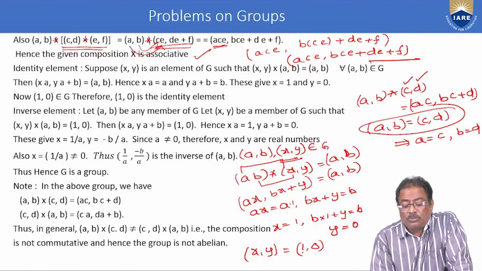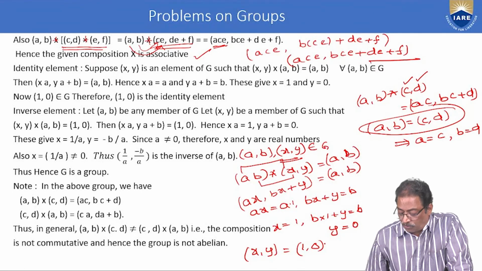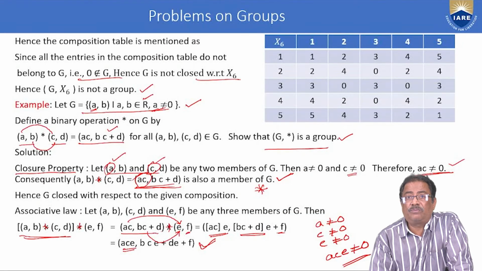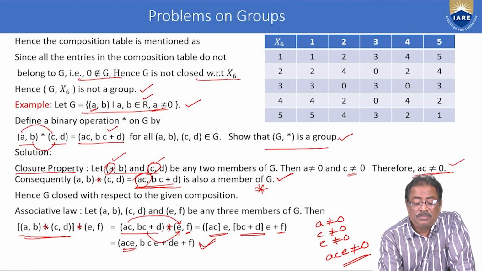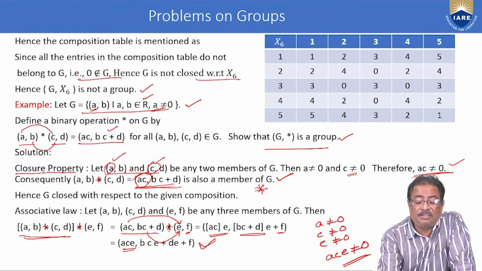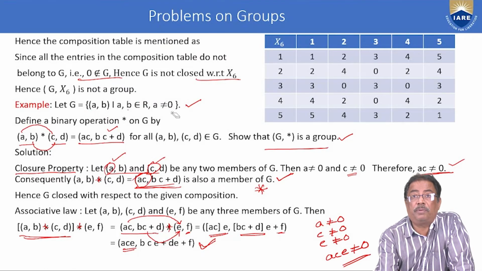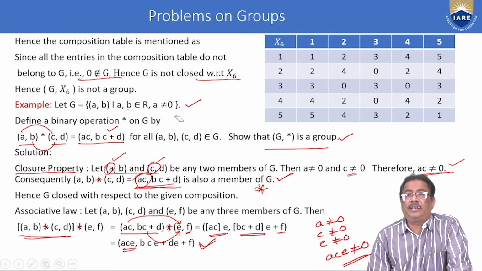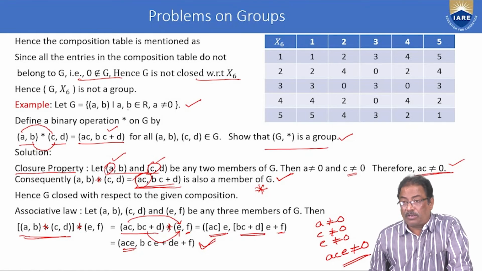Here we have to verify whether it belongs to G or not. What is the definition? The condition given shows that the first element of the ordered pair should not be equal to 0, and the second element may be equal to 0.